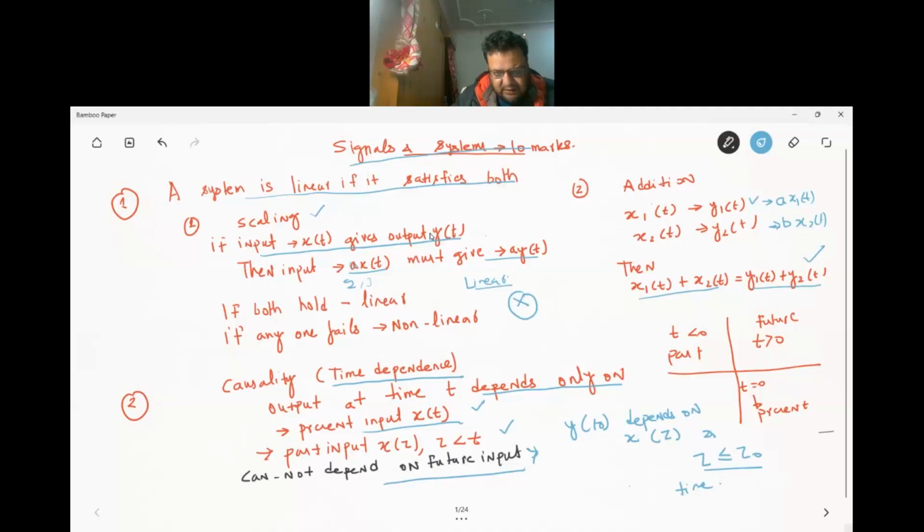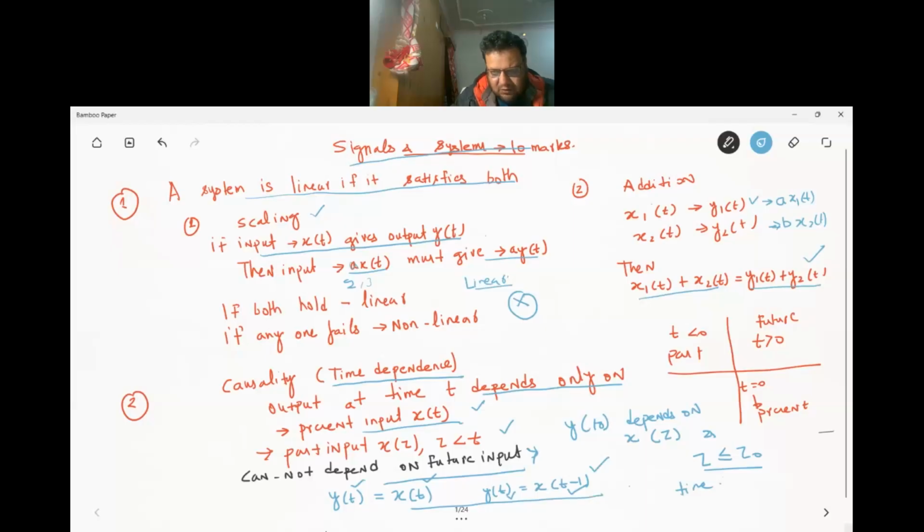Let's check some systems. Suppose y of t is equal to x of t. At any present value, you have the same value of the input. Or y of t is equal to x of t minus 1. So your present output is governed by the past, so past and present are satisfied.